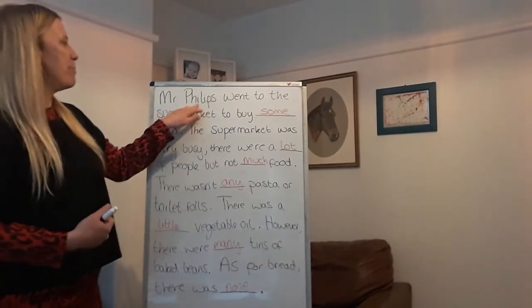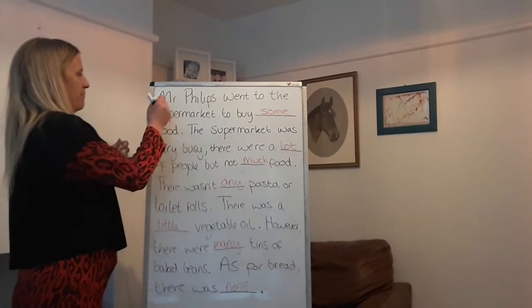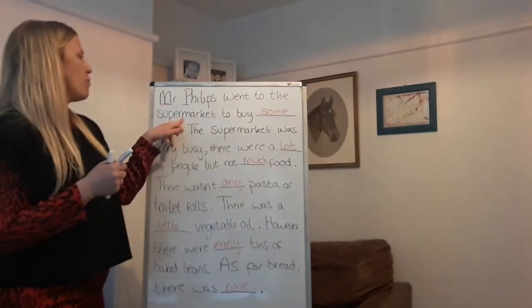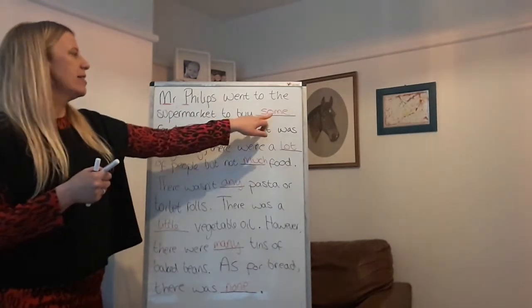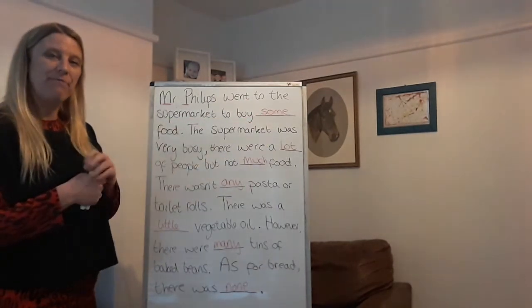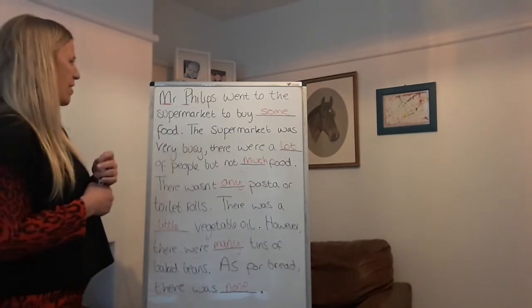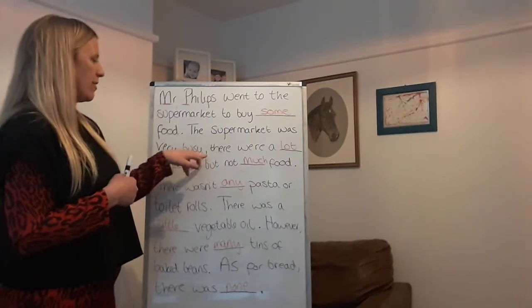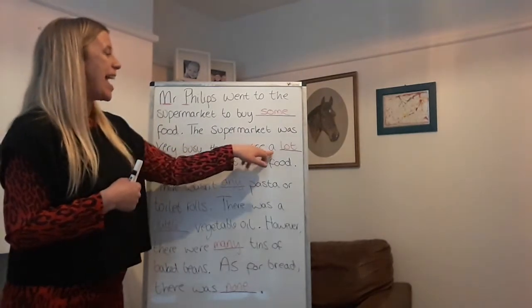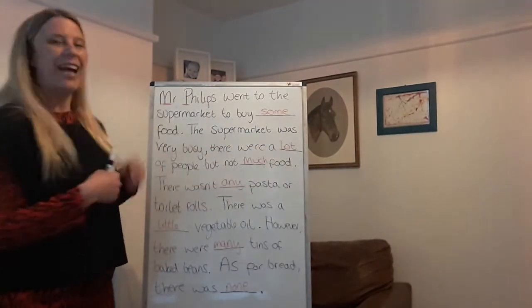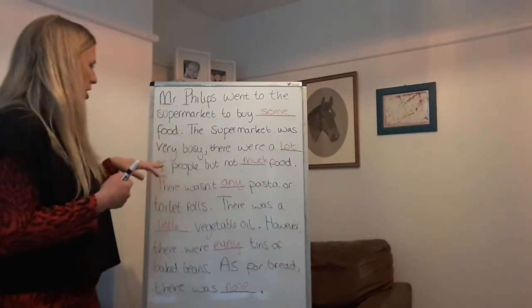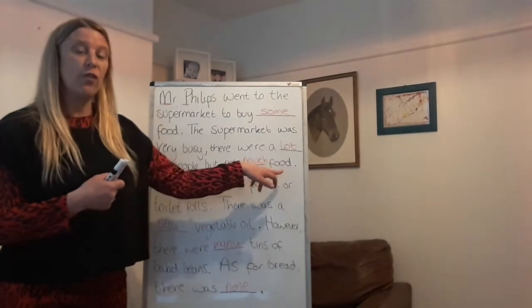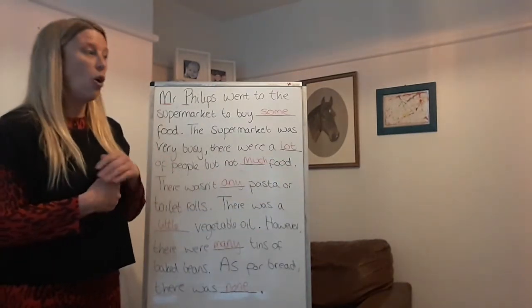So Mr. Phillips, so hopefully you've got a capital letter here for Mr. Phillips, went to the supermarket to buy some food, it should be. Some food, that's what we should have there. The supermarket was very busy, comma, there were a lot of people, but not much food.